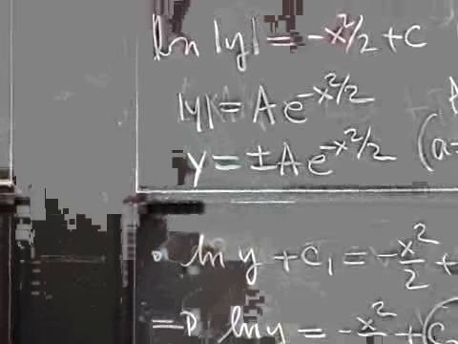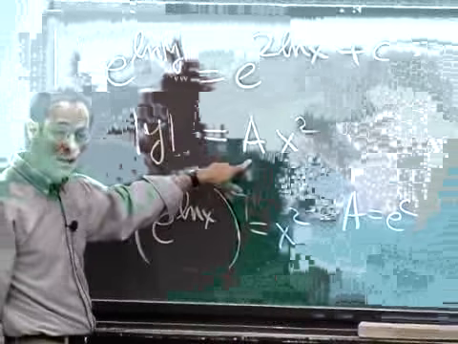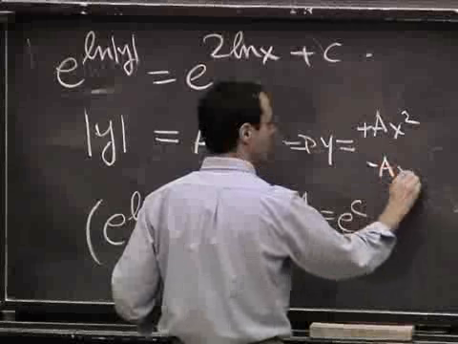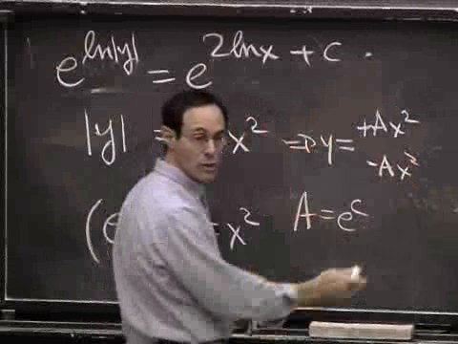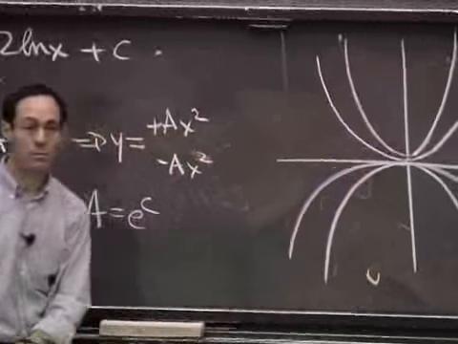All right? And that would have been a perfectly legal thing for me to do. I could have put in absolute values here. In which case, I would have gotten that the absolute value of this was equal to that. And now you see I've covered the plus and minus cases. All right? So it's that same idea. This implies that y is equal to either plus ax squared or minus ax squared, depending on which sign you pick. So that allows me for the curves above and the curves below.